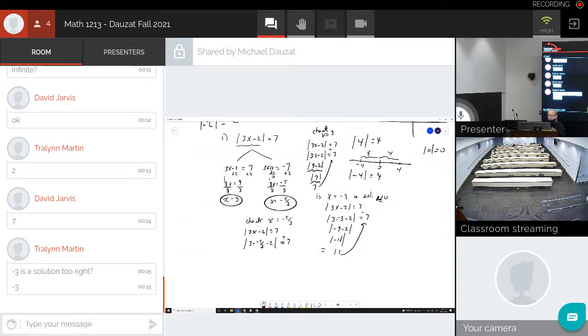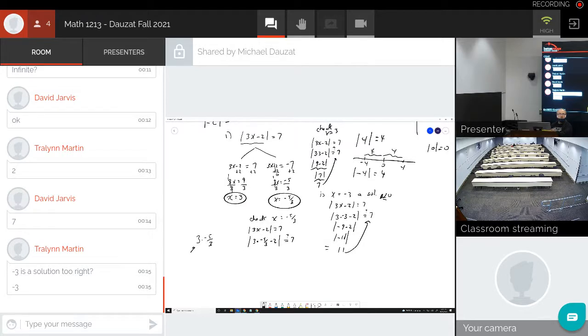All right, so you do multiplication first. So on the side, I'm going to write out right here on the side. What is 3 times a negative 5/3? What's 3 times a negative 5/3? I can't hear you. Negative 15 divided by 3? That's true.